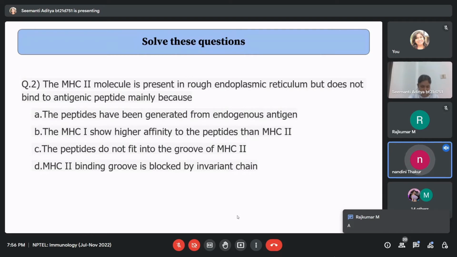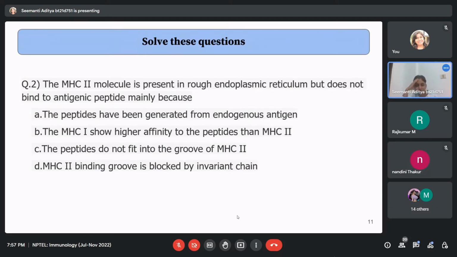A is the answer, ma'am. No, A is not the answer. The MHC2 molecule is present in the rough endoplasmic reticulum, but it does not bind to an antigenic peptide. Why?